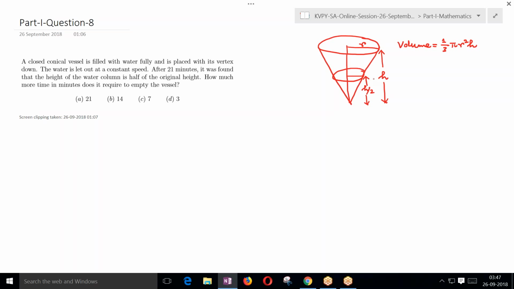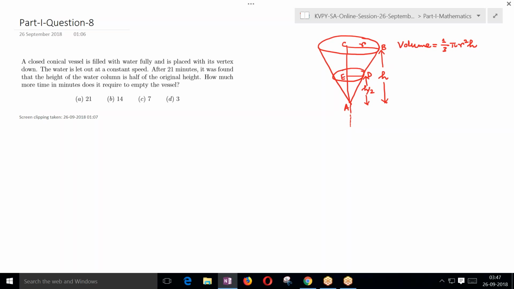Water is dripping in this way. Suppose this is A, this is B, this is C, and this is D and this is E.